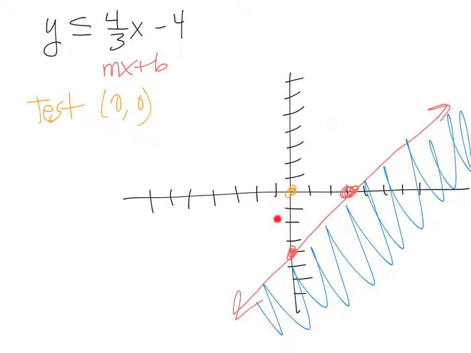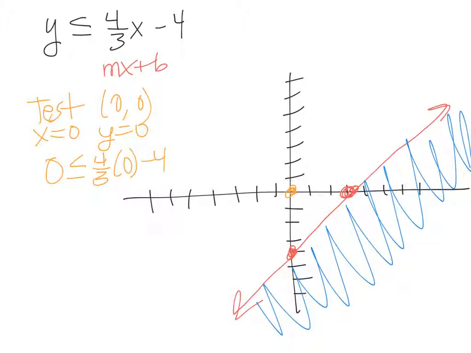I'm going to plug in 0, 0, so x equals 0, y equals 0, into the equation. When I do so, I get 0 is less than or equal to 4/3 times 0 minus 4.